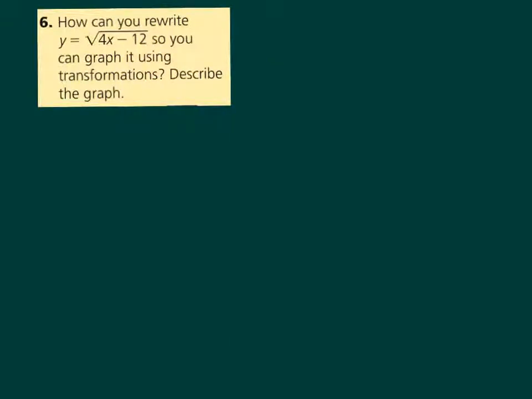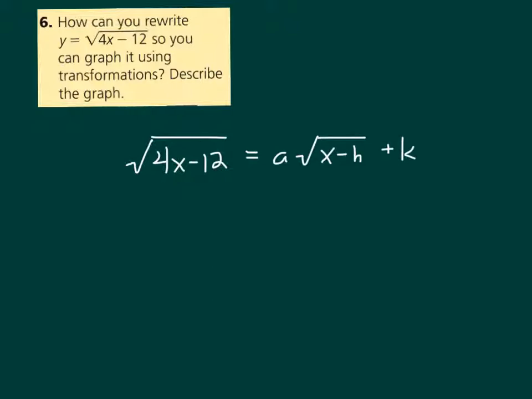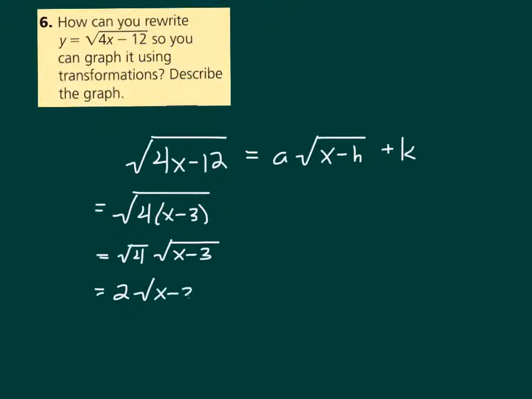Here we want to take the square root of 4x minus 12 and rewrite it to fit this form we had for our family of functions. The way we do that is in the radical, factor out a 4. Our properties of radicals let us say that's root 4 times root x minus 3, and root 4 is 2.